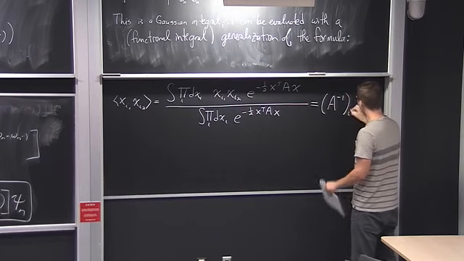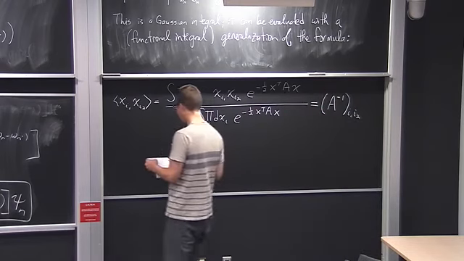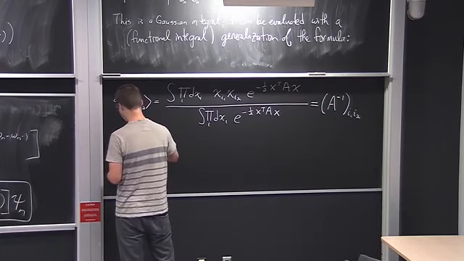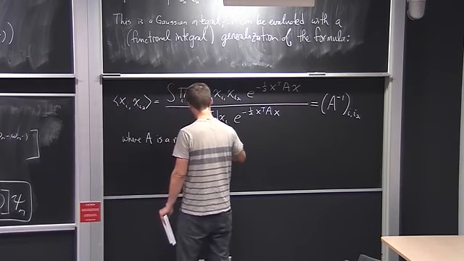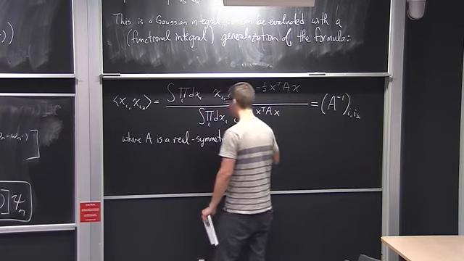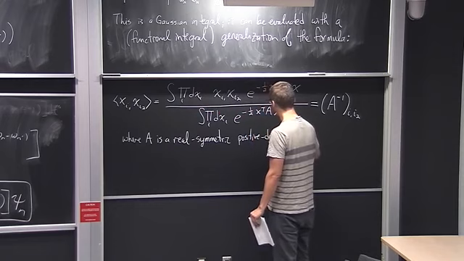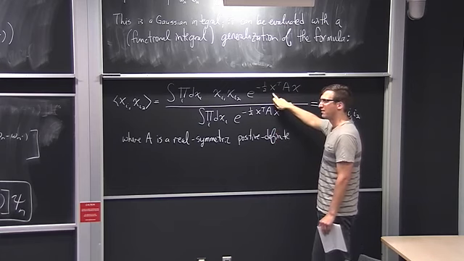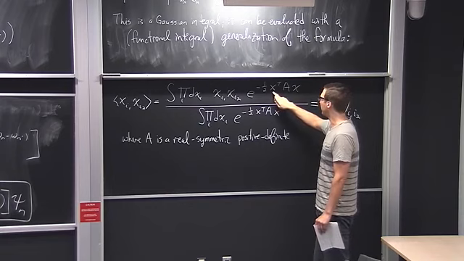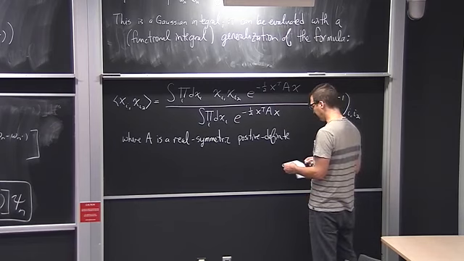So it's the inverse matrix element of that thing, which is a real symmetric positive definite matrix. Real symmetric's fine. Positive definite means that you have positive real numbers anytime this column vector is real. So it's a real symmetric positive definite matrix.